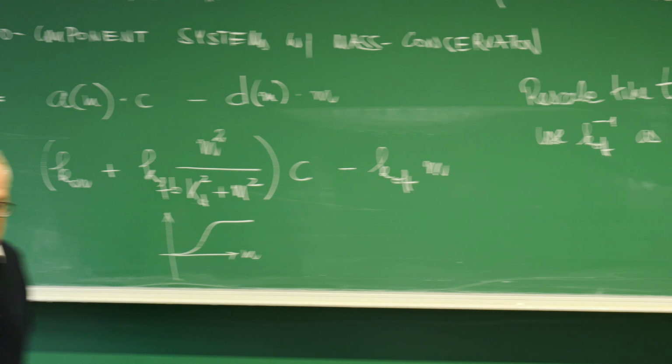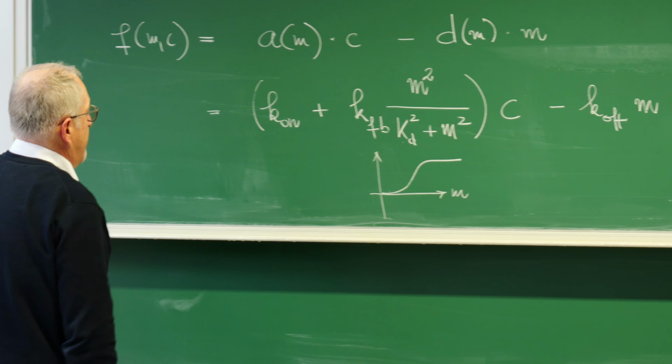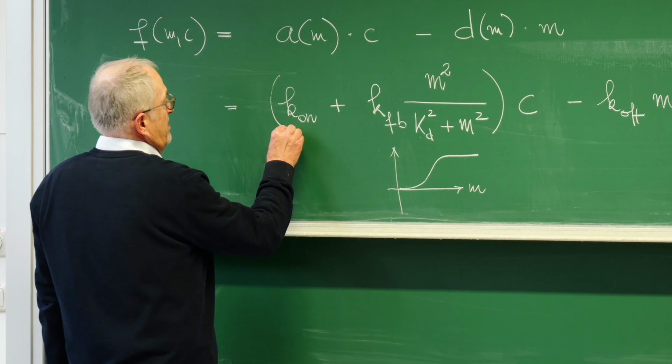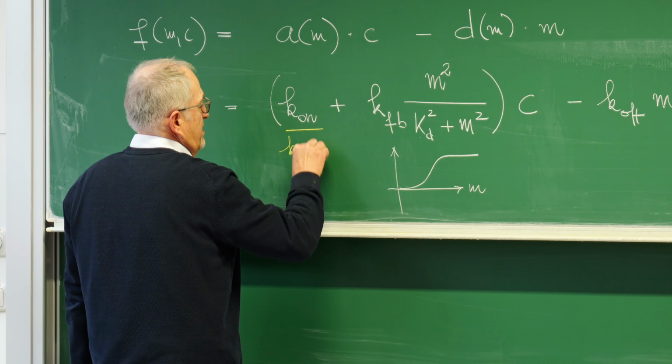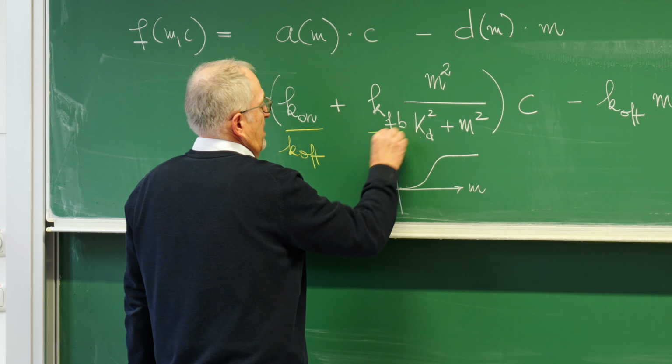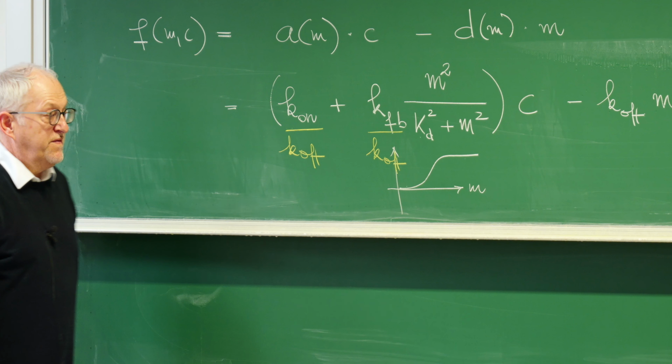That then means, let me do this by just dividing through, you divide through here by k_off, and similarly here you divide through by k_off.